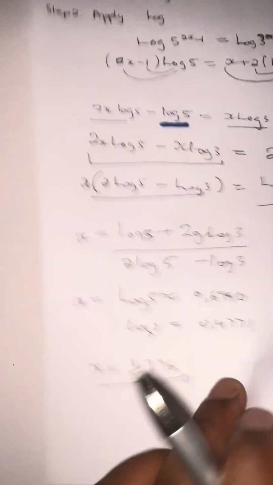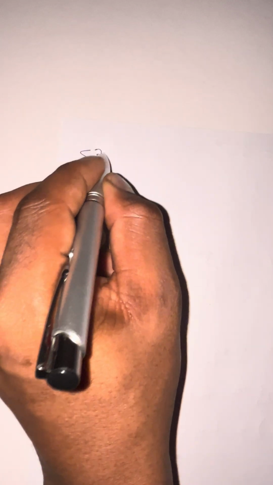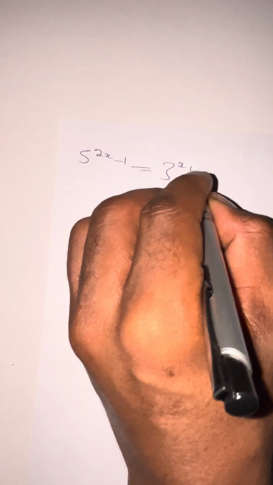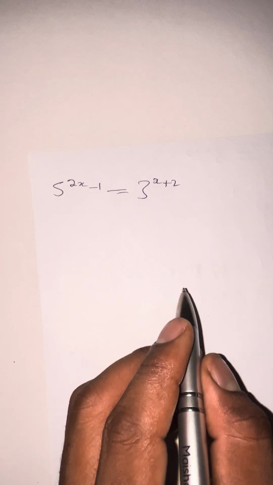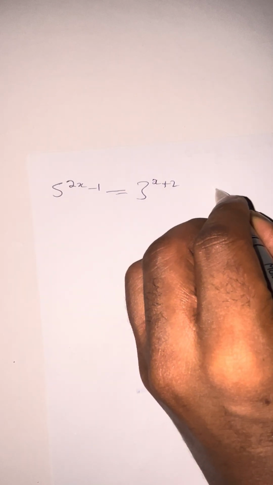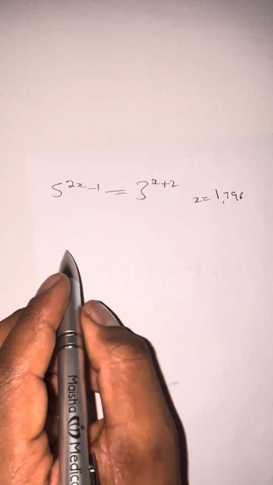Let's verify. 5 to the 2x minus 1 is equals to 3 to the x plus 2. Let's verify if both sides are equal. Our answer is x is equals to 1.796.